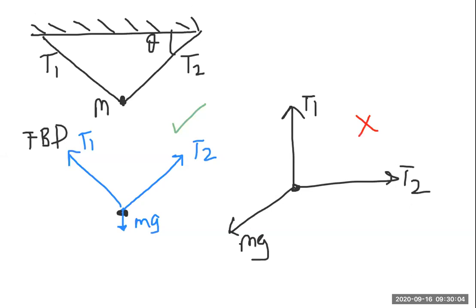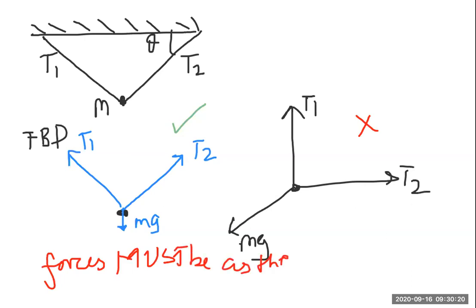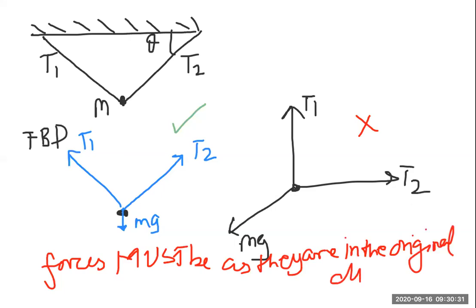Although the answer that you will get will be correct in the second case as well, yet it is incorrect because forces must be as they are in the original diagram.